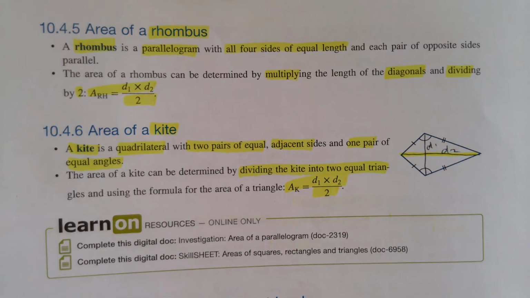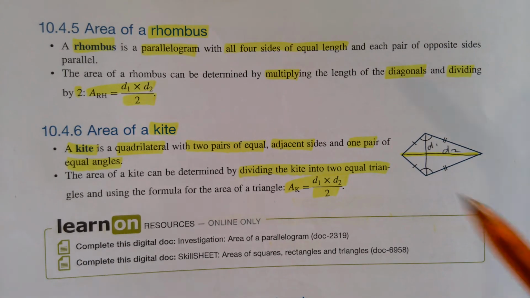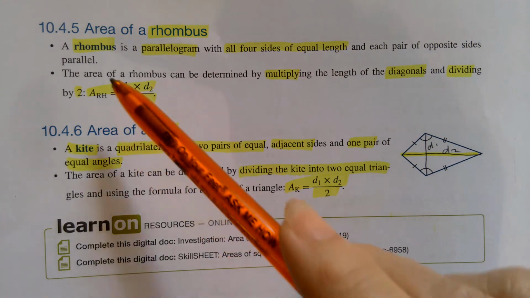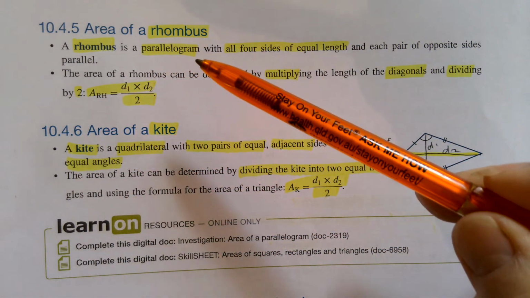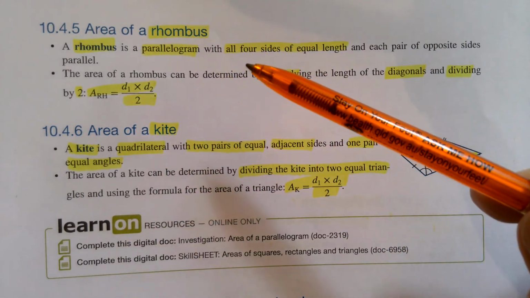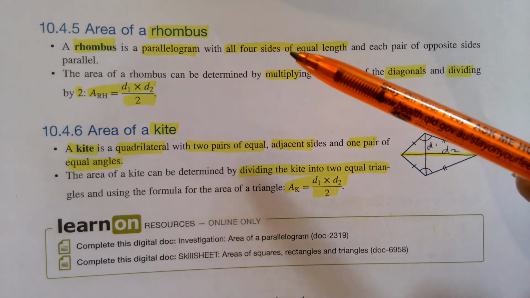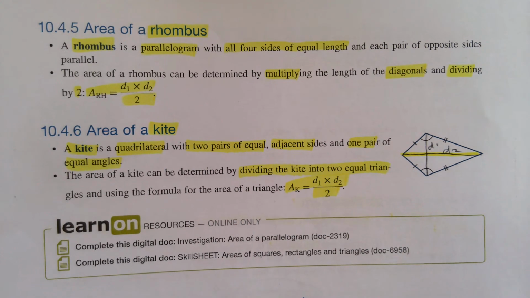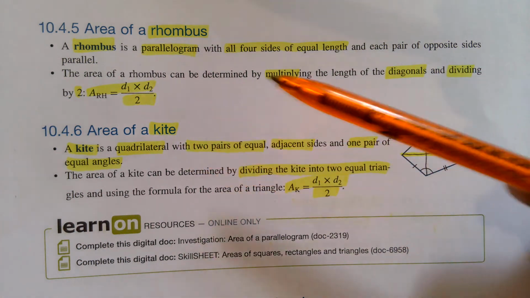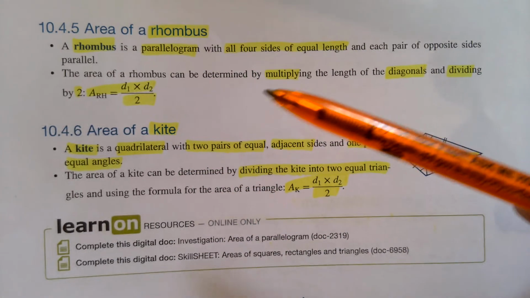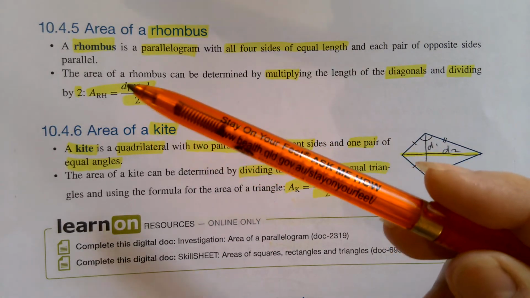Okay, rhombus and kite. They actually have, as you might notice, the same formula. A rhombus is also a parallelogram and a quadrilateral. All four sides are equal length like a square. However, it's a square that's leaning on its side. And the opposite sides are parallel and the same length. So we actually multiply the diagonals.